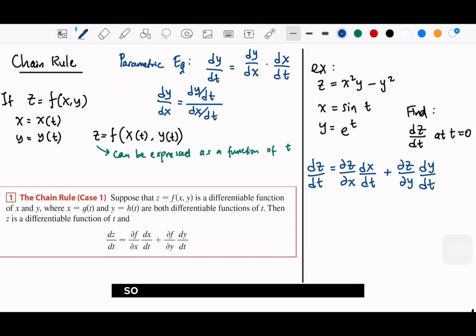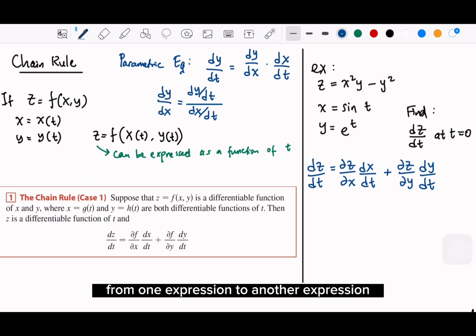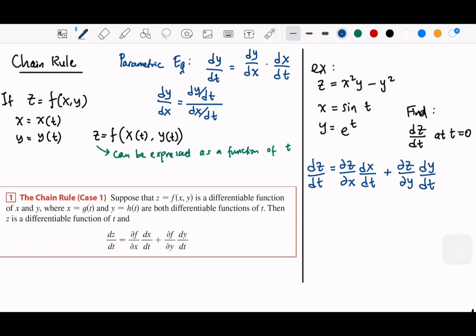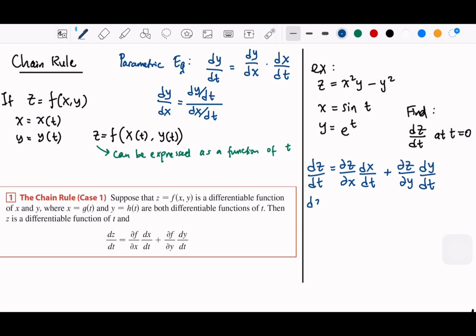So basically we can move one by one from one expression to another. Maybe we can start from the partial, or we can start from the parametric derivatives. Either way, at the end you need to multiply all together and put into the equation. So maybe we can start from the partial.